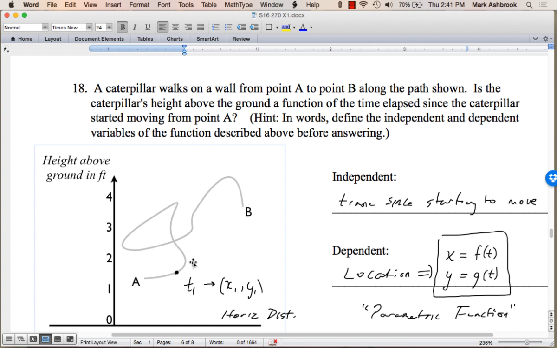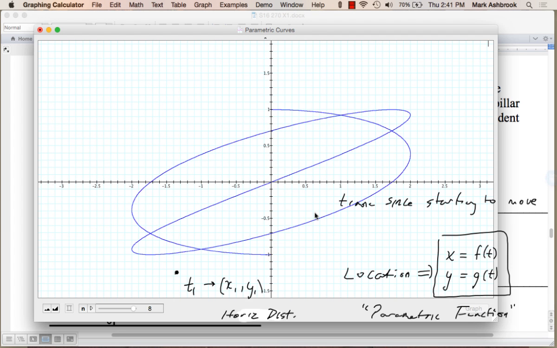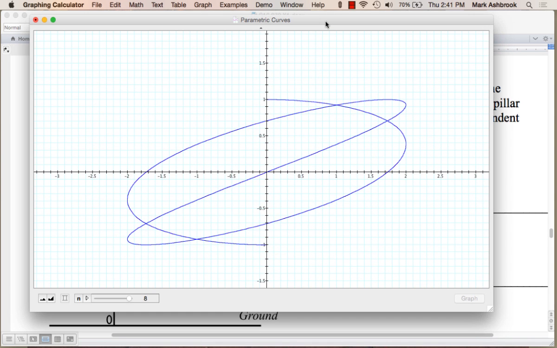Okay, so in GC, is it a function? Melanie nailed it.